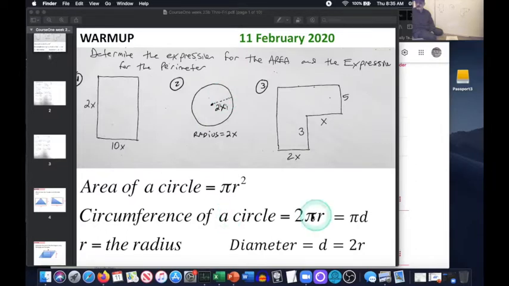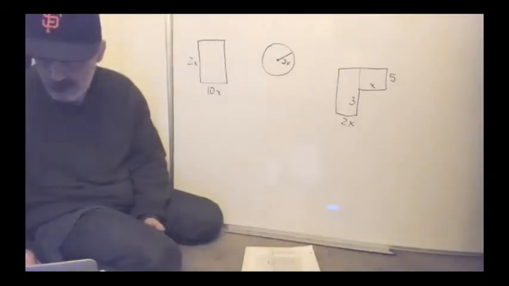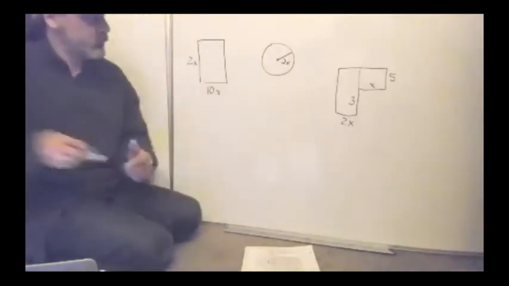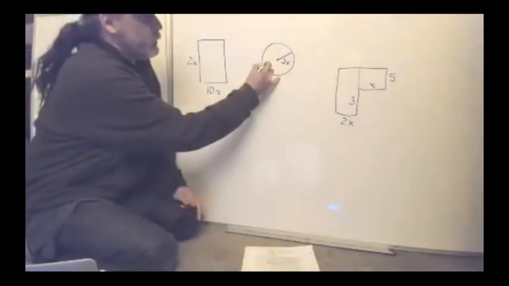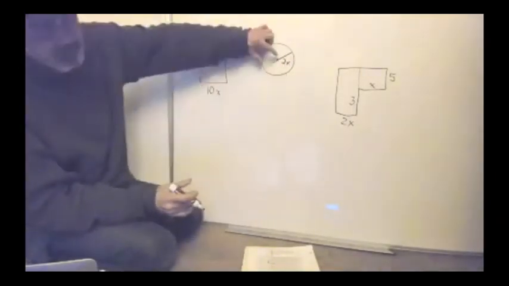And if you're given the radius, you do 2 pi r. Whereas if you have the diameter, you do diameter times pi. And diameter is the whole distance through the center, so you got another radius over here. Okay? All right, so we'll look at these, but again, on the diameter, you got 2 radii.